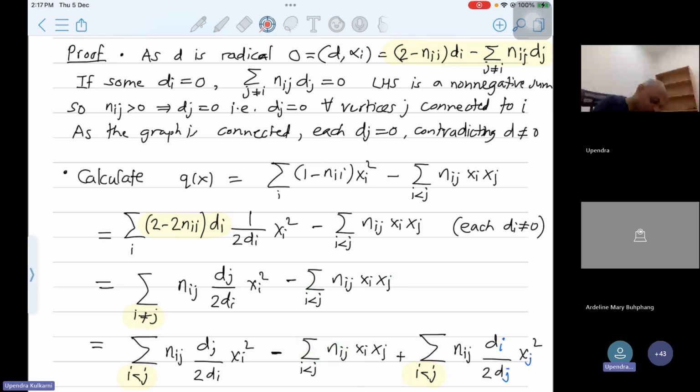So the entire action is going to be in the first term. So let's see what has happened. It's very easy. I have simply multiplied by d_i and divided by d_i. I can do that because each d_i is non-zero. Likewise, I have also divided by 2, but multiplied by 2, which I want to put inside.